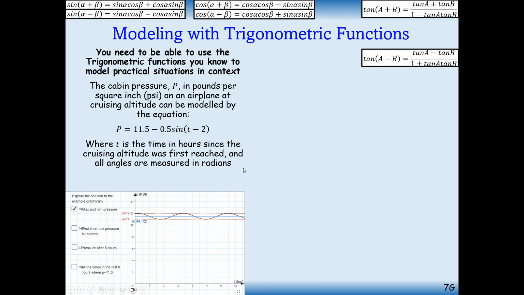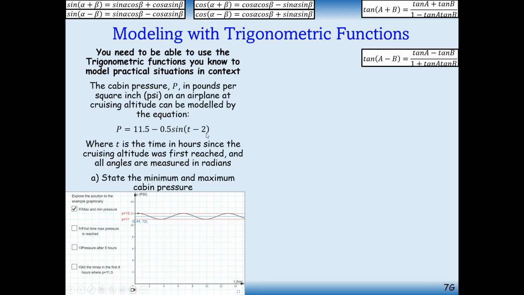Okay, so what are we asked to do? We are asked to find or rather state the minimum and maximum of the cabin pressure. Well, that is the minimum and maximum of this equation p equals 11.5 minus half of sine(t minus 2).